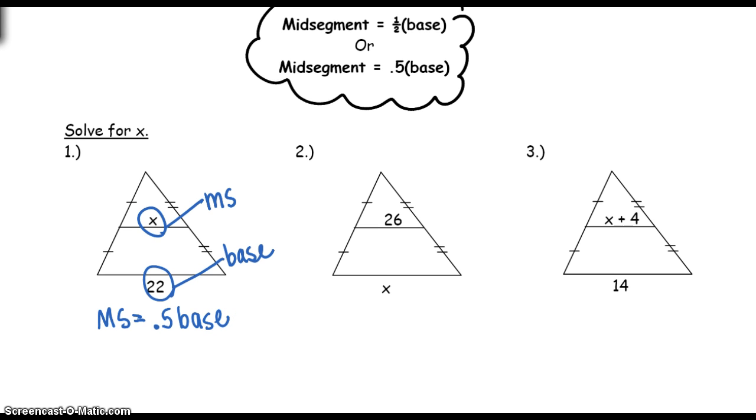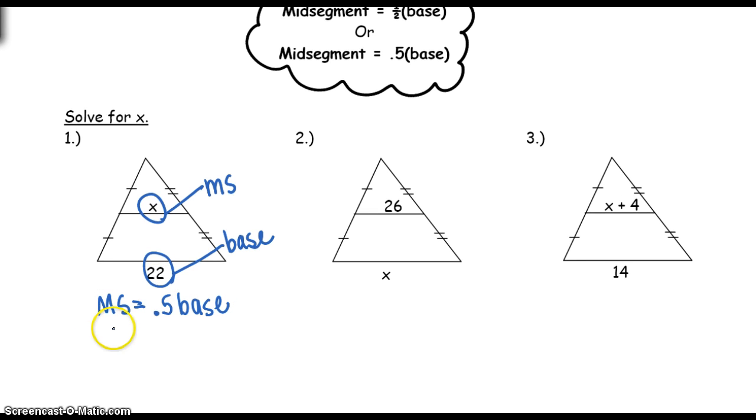So if we know the midsegment is 1/2 or 0.5 of the base, we know in our picture x is our midsegment and our base is 22. So x equals 0.5 times 22. And when you work that out into the calculator, you end up getting 11. And you're done. If you could work out 2 for class and bring that in, I will be going over it in class, so make sure you have number 2 done for us.